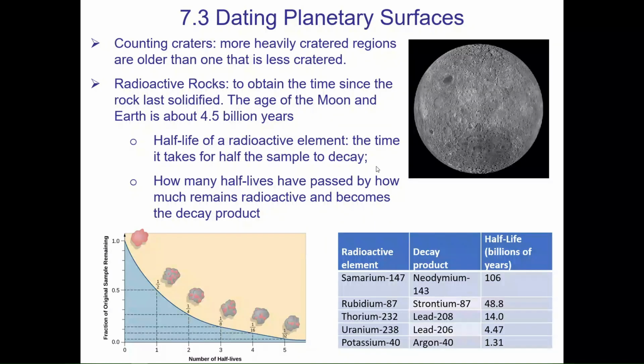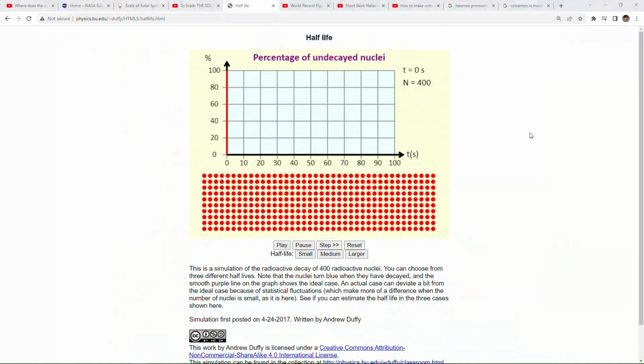So I actually have a simulation which can help us understand a little bit what half-life is. Now, if you look at the simulation, here is the radioactive element. Remember, they are all individual atoms. They have not decayed at all yet, so you can see none of them has decayed.